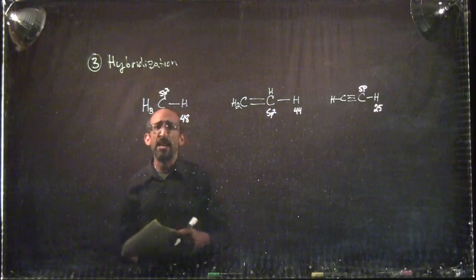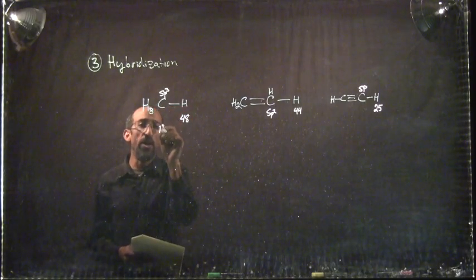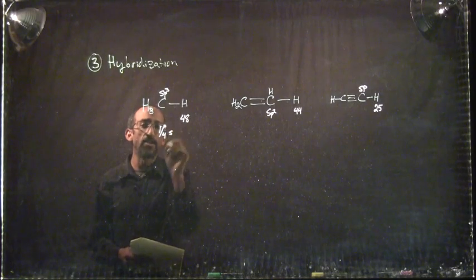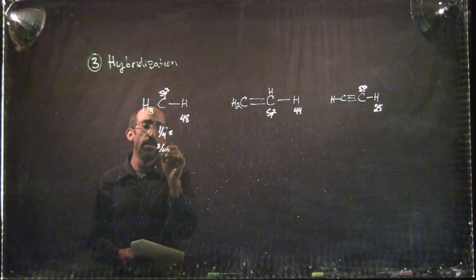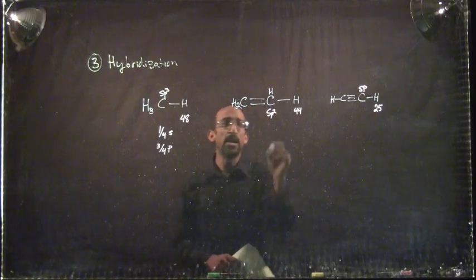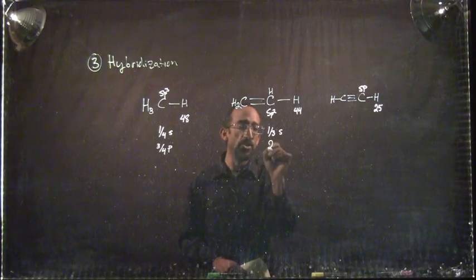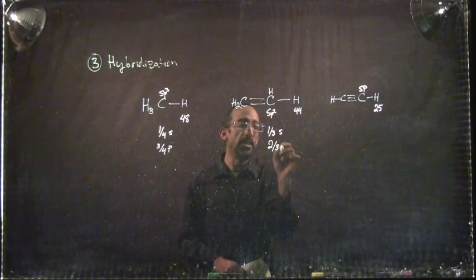So here in methane, that sp3 orbital has 1/4 s character and 3/4 p character. Here in our alkene scenario, we have 1/3 s character and 2/3 p character.